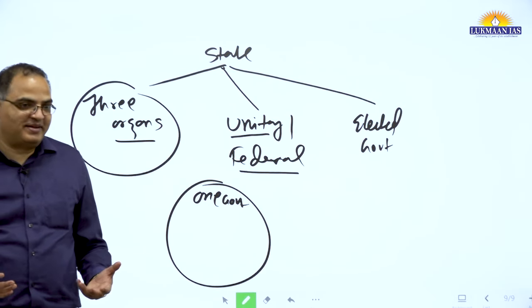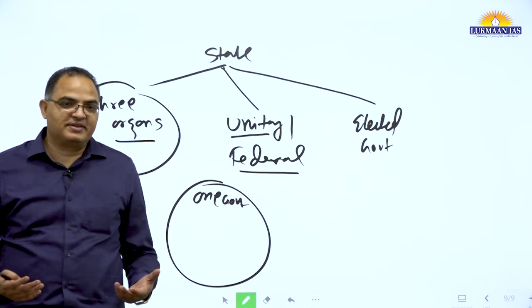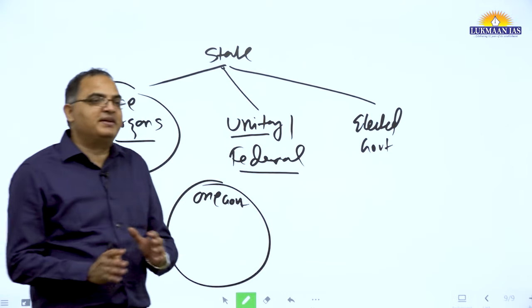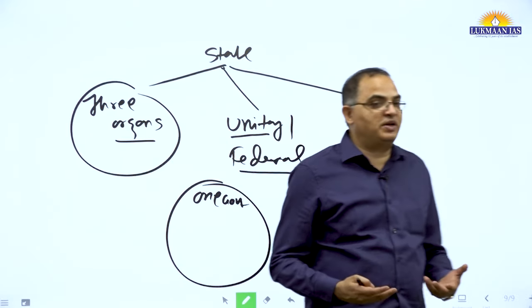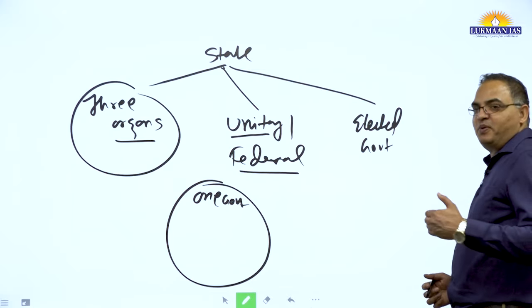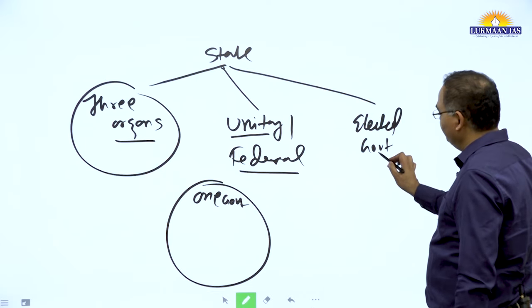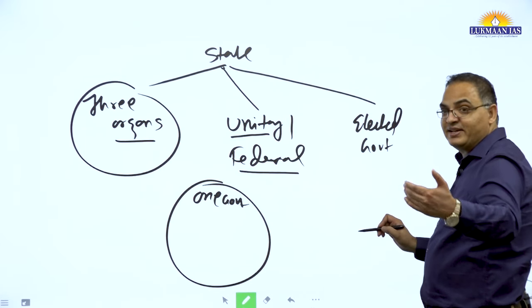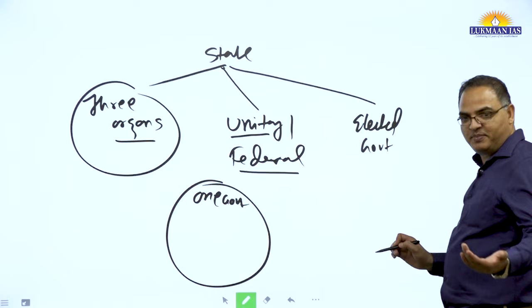How should elections be held? How should the government be elected? So that has given rise to another nature of polity, what we call the presidential versus parliamentary system.